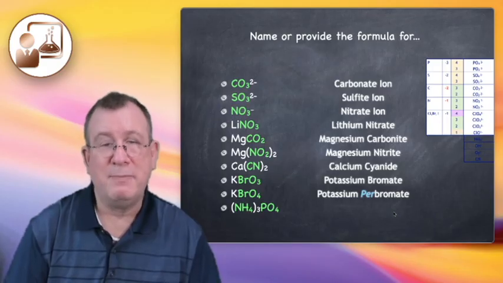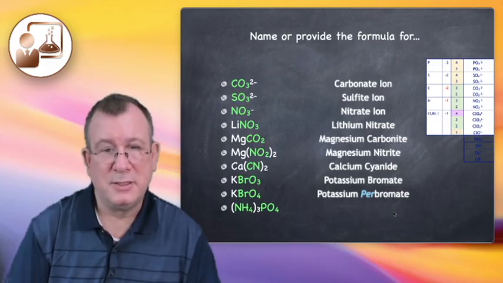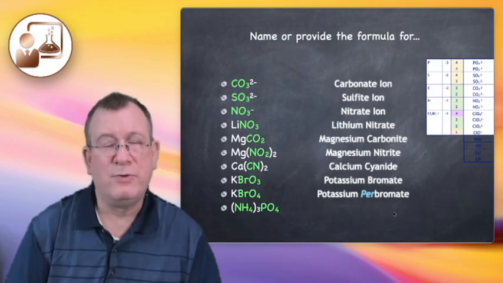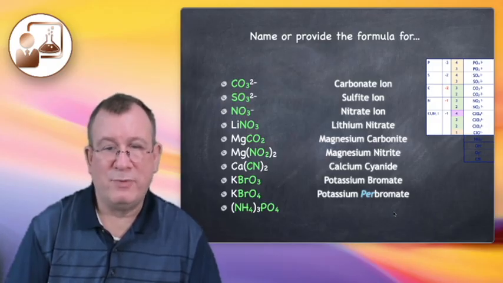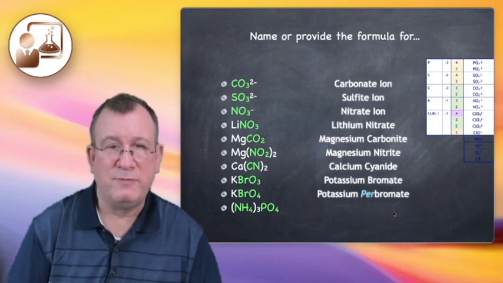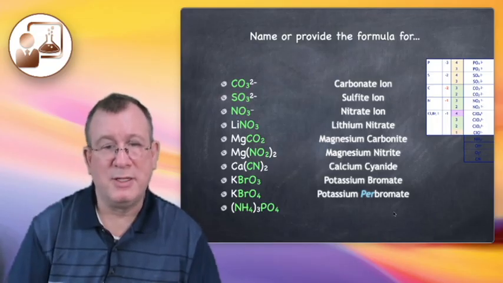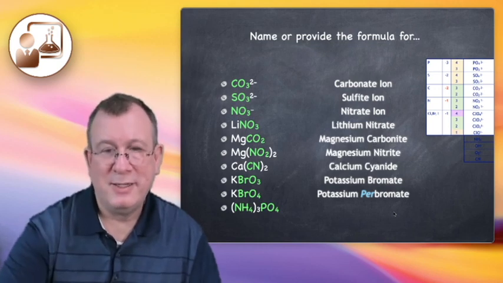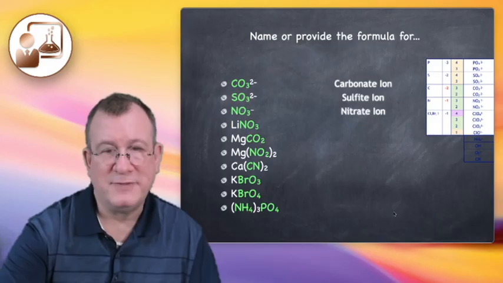And that one on the bottom, man, that looks so complicated, doesn't it? 3 NH4s and a PO4, but again, just treat it as if it was a binary compound. If you got 3 of one and 1 of the other, and the charge is all known, just name the first one, name the last one, stick them together. The name of that isn't that hard. Ammonium ion, phosphate ion, that's ammonium phosphate.